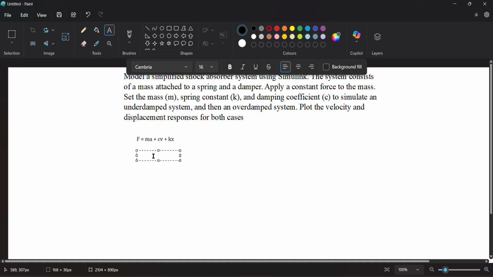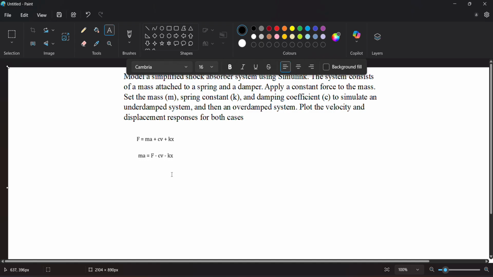Now I'm going to modify this equation a bit. I'm going to bring this ma to the left side and take this force to the right hand side. So this equation becomes ma equals F, and the cv comes to the other side, so it becomes minus cv, and kx becomes minus kx.